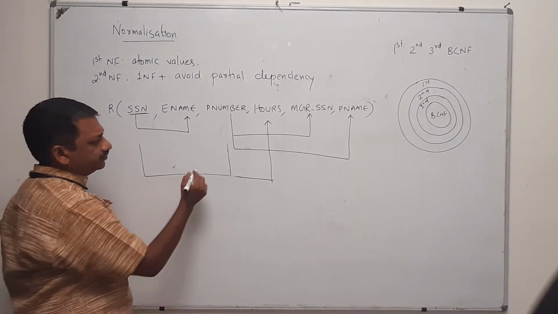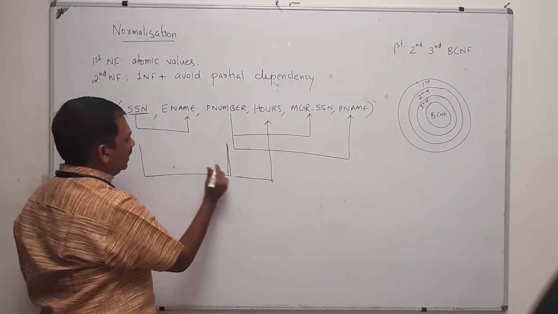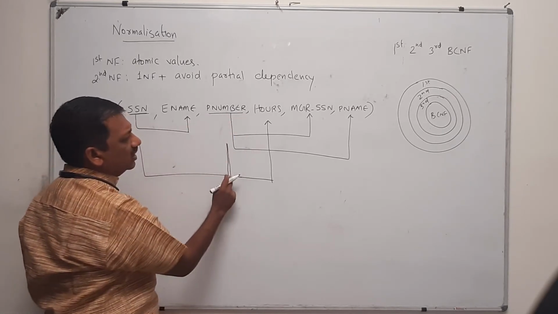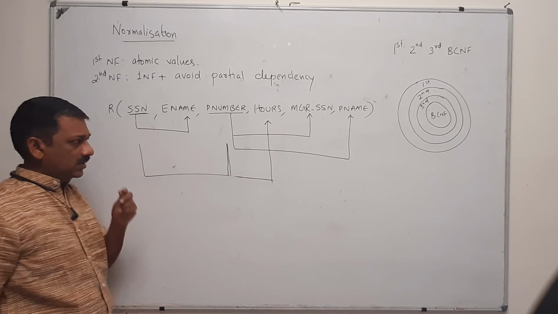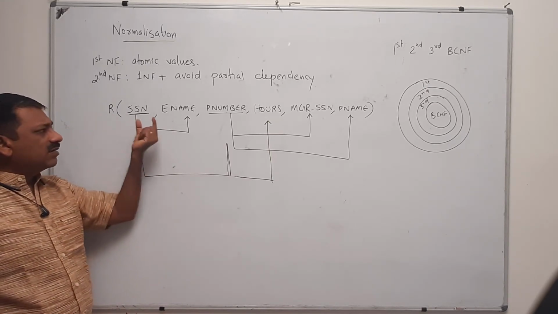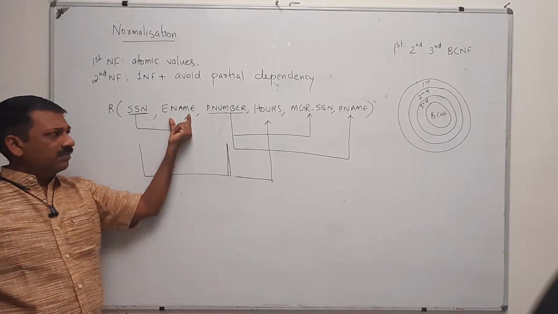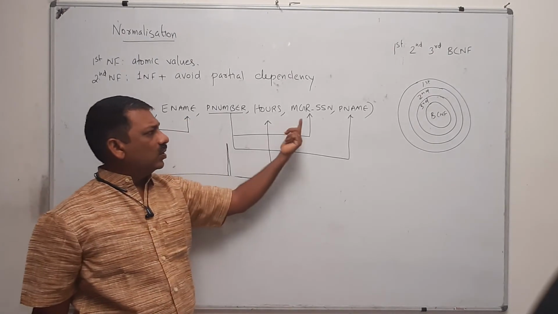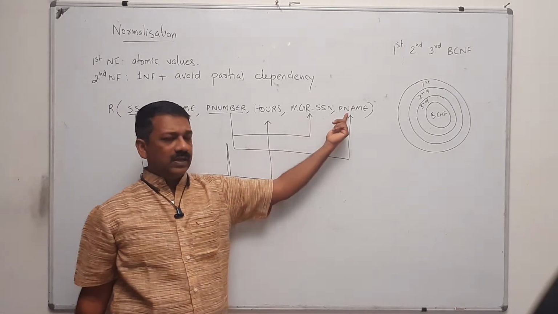So here social security number and P number together determine hours. So listen here. This SSN can determine only this employee name, and the P number can determine only manager assistant and P name.